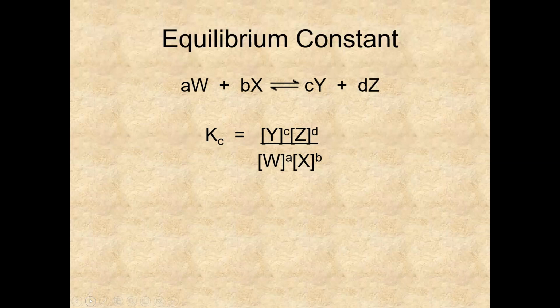So Y is raised to the power of C, whatever its coefficient is. If there is no coefficient, you just raise it to the power of 1 or leave it as is. If there's a coefficient of 2, that concentration needs to be squared. So make sure that products go over reactants. If you can't remember, they're alphabetical, so P comes before R. And if you have a coefficient, it must become an exponent.